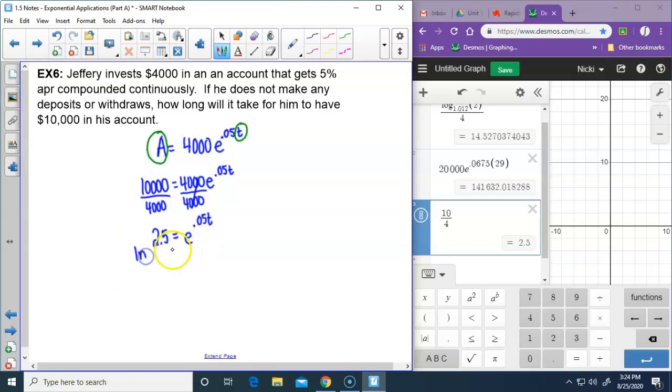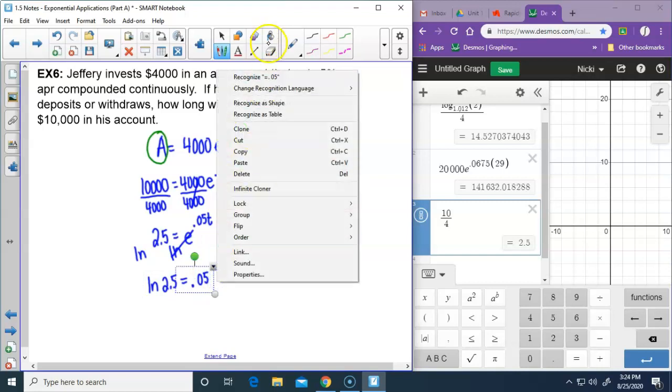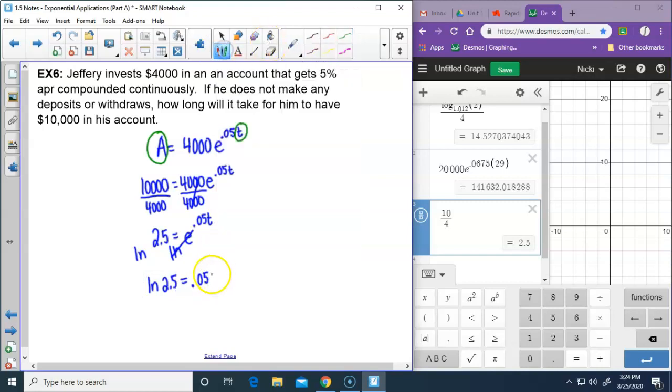So we're going to do natural log of both sides. And natural log and e will cancel over here. So we'll have natural log of 2.5 is going to equal 0.05 T. And so to solve for that T, I'm going to divide by 0.05.